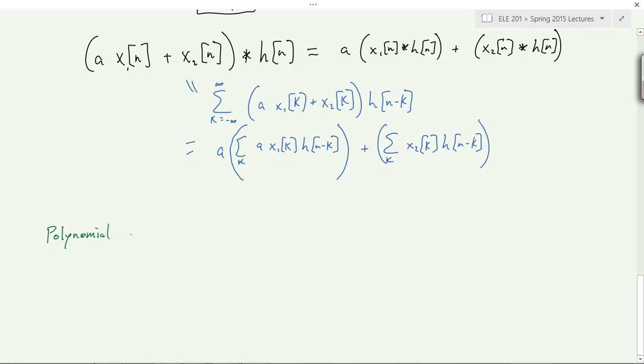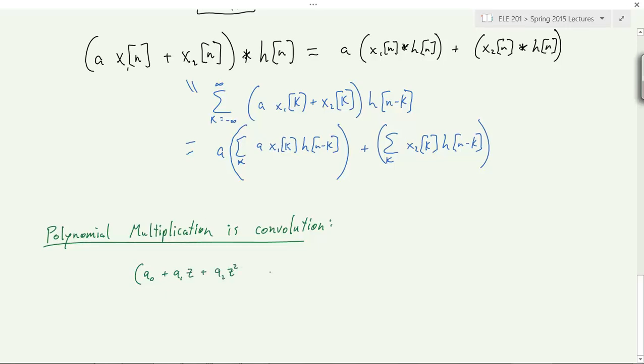Polynomial multiplication is convolution. Let's see what we mean. Suppose you have a polynomial, a0 plus a1 z plus a2 z squared.